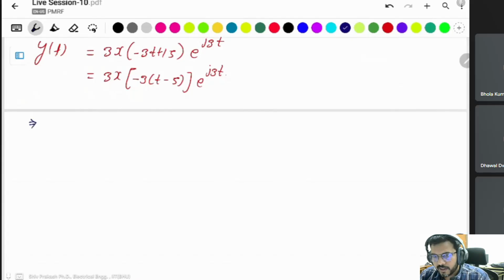Apply the property one by one. Take xt; suppose the Fourier transform of this one is X of omega. Then after this, can you try by yourself? Just try, then after I will solve.